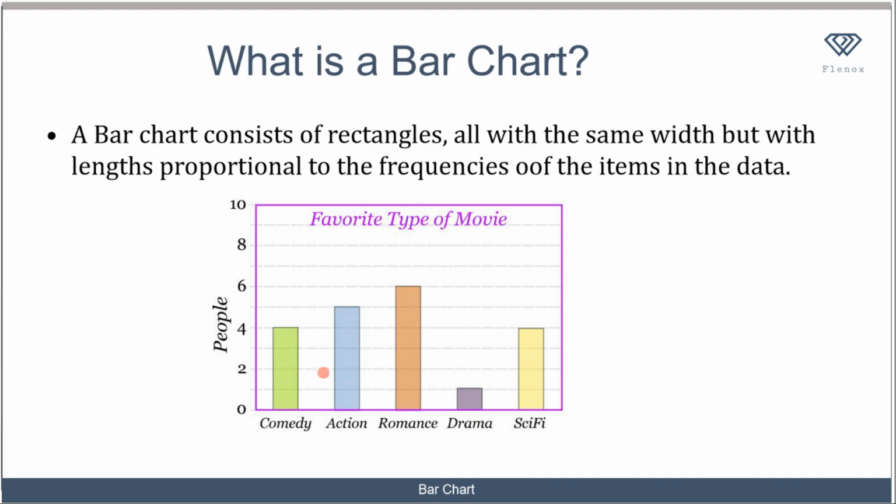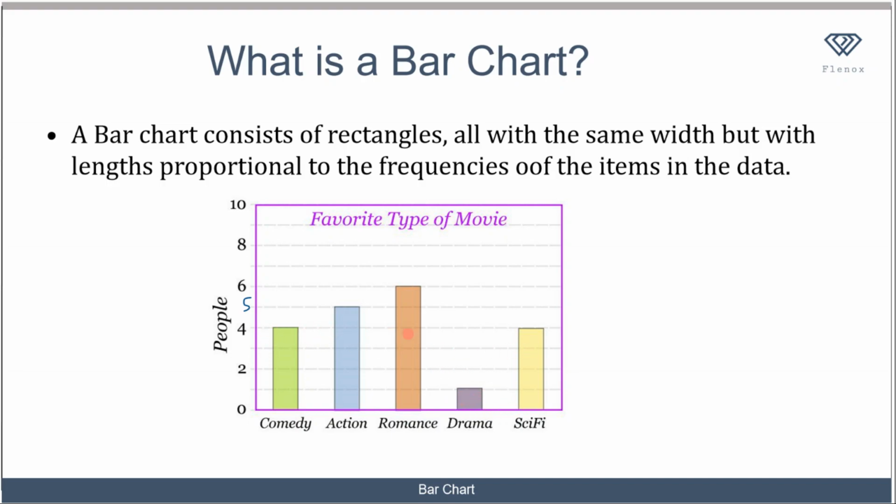So the height of each of these represents the frequencies. The height here is 4, so it means that 4 people love or like comedy. What about action movie? 5 people love action movie. 6 people love romance movie. Then 1 person just likes drama movie.